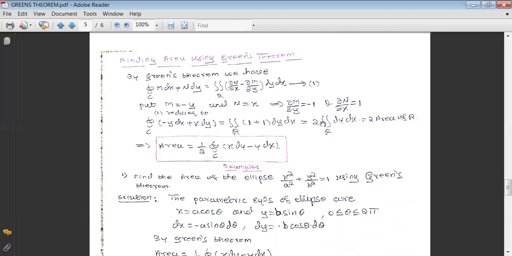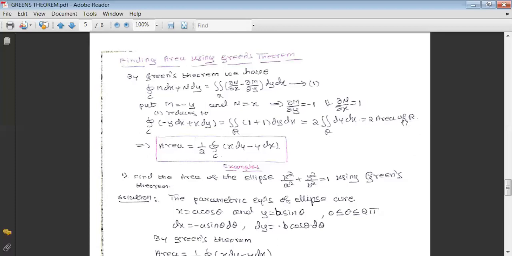That is 2 times the double integral over R of dy dx. And the double integral over R of dy dx represents the area bounded by the region R. That's why we can write this as 2 times the area of the region R.